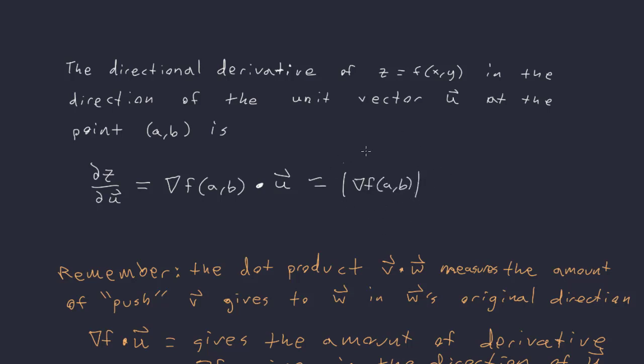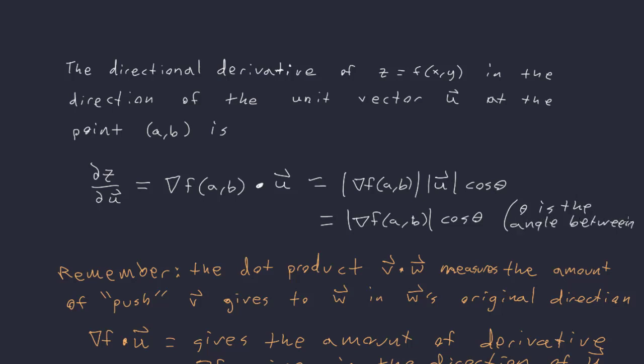That's the full measurement of the steepness, times the magnitude of u times cosine theta, which is really just going to be the magnitude of f times cosine theta, where theta is the angle between the gradient of f and u.